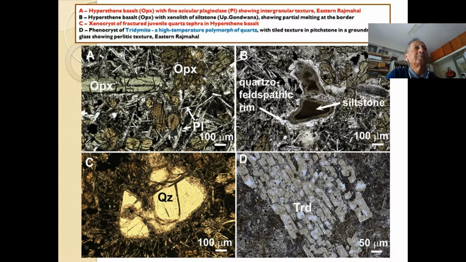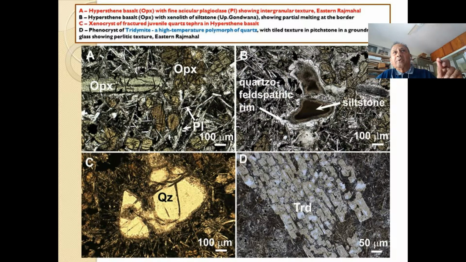Some photomicrographs of the different rock types encountered in the Rajmahal basalts are shown here. One is the Rajmahal hypersthene basalt in A with intergranular texture, and B is a xenolith occurring within the hypersthene basalt.